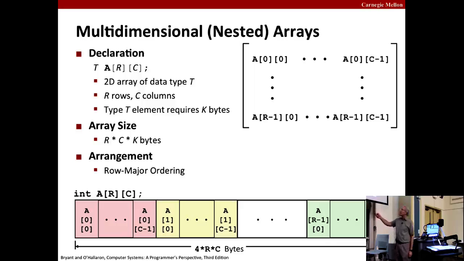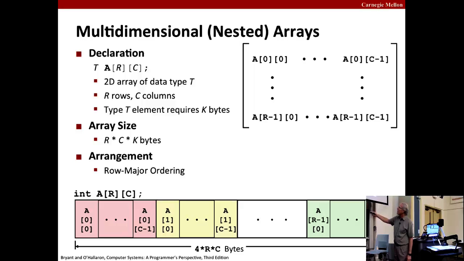So in particular, if I declare an array with R rows and C columns, and you think of it mathematically as sort of a two-dimensional matrix, what it really does is, I'm sorry, C actually ends up being the inner element.